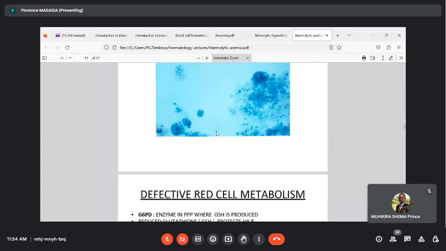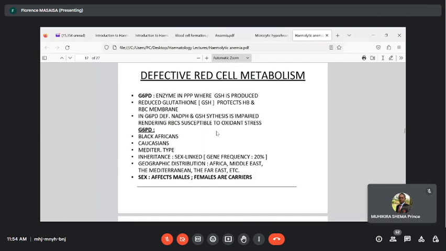Then you have the red cell metabolism, starting with glycolysis, glucose-6-phosphate dehydrogenase, which is an enzymatic pathway which is involved in the production of glutathione. Glutathione is protective at the red cell membrane, so it protects the red cell membrane from stress and protects it from destruction.